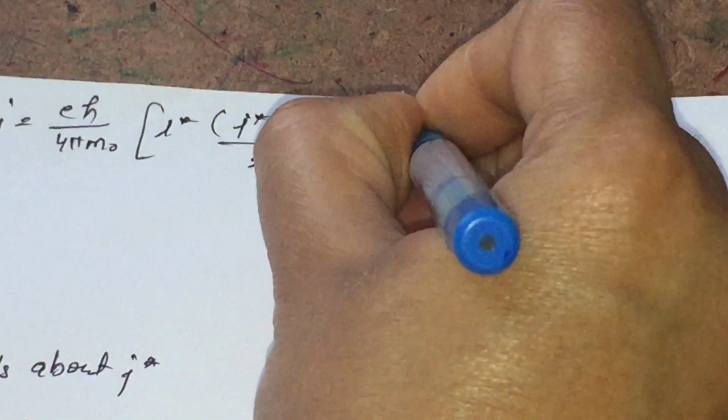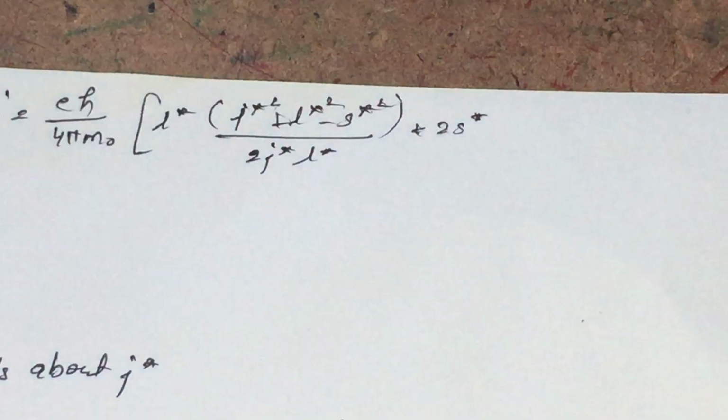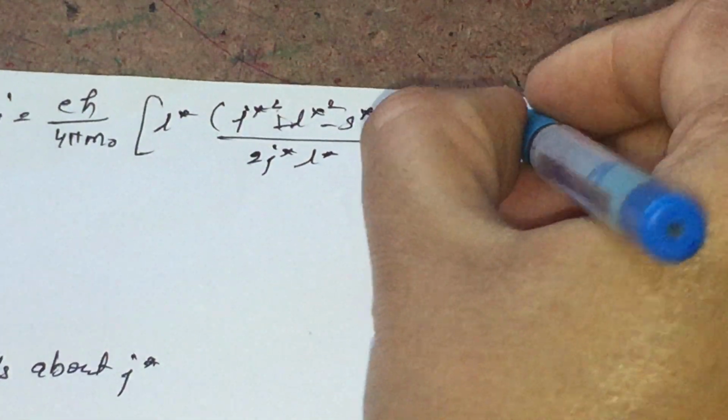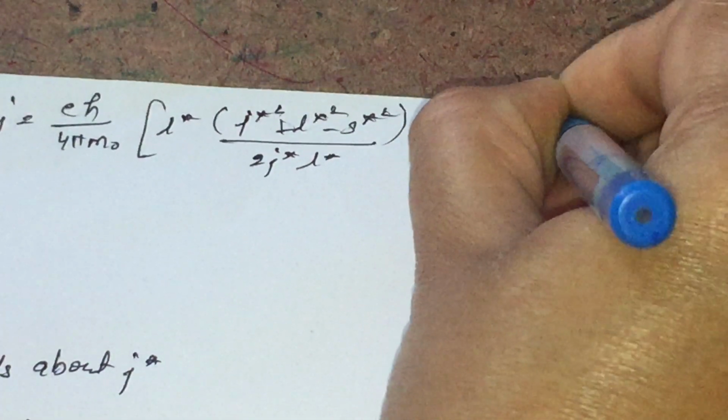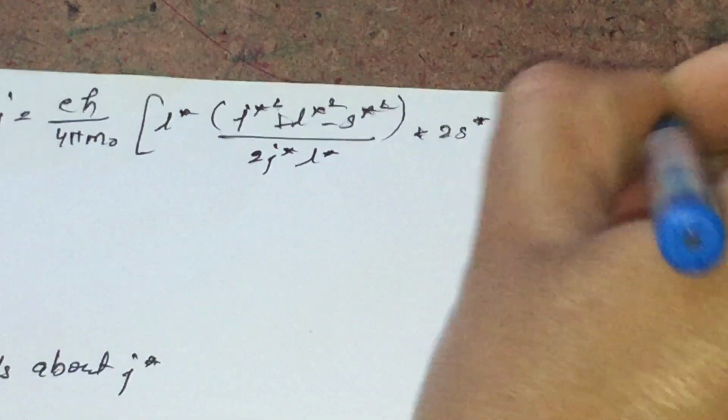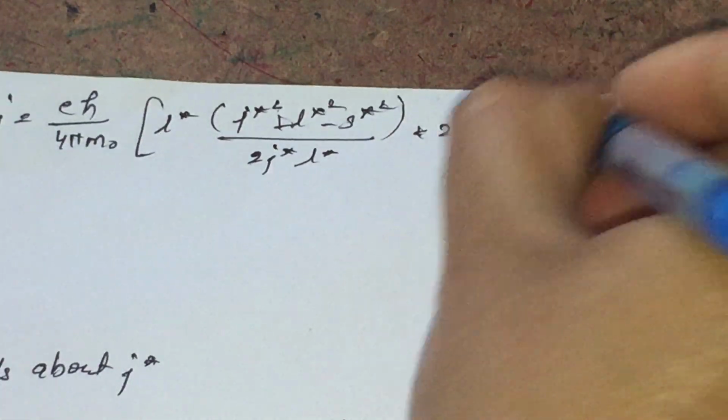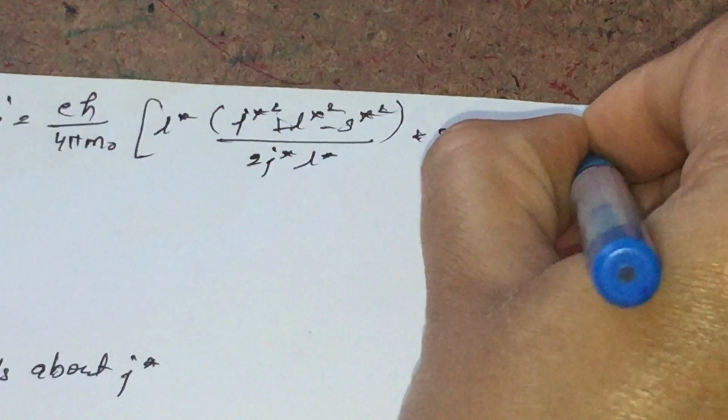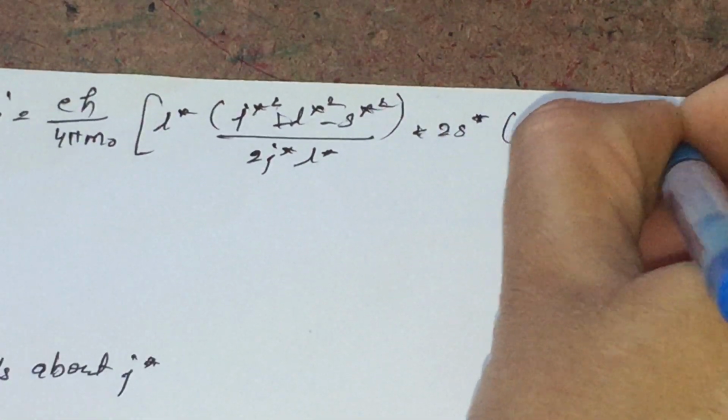Substituting this value in our relation, we have 2 S star, and we will take J star square plus S star square minus L star square divided by 2 J star and S star.